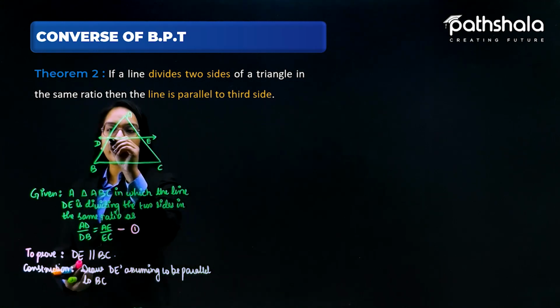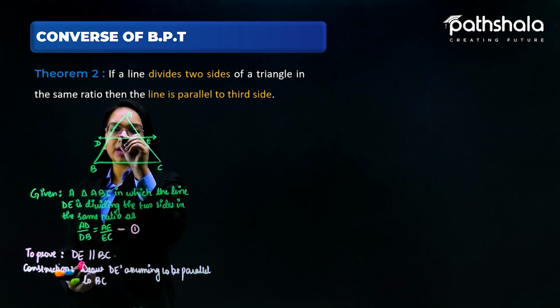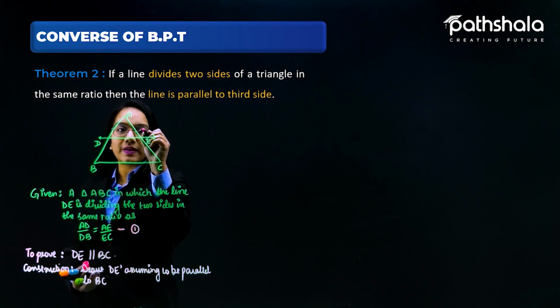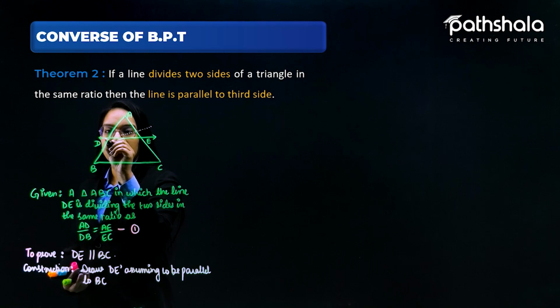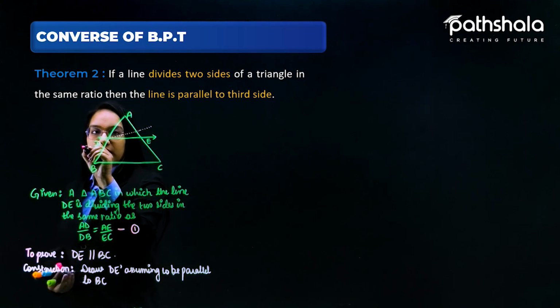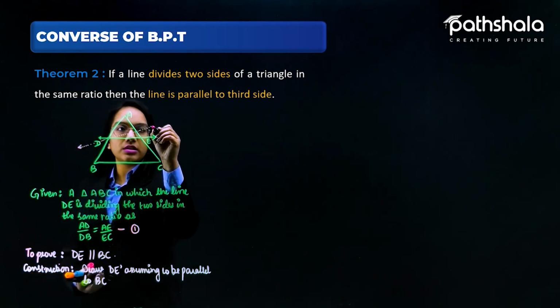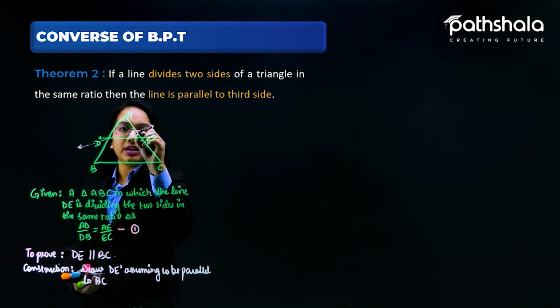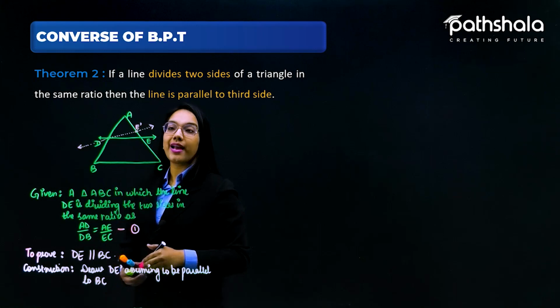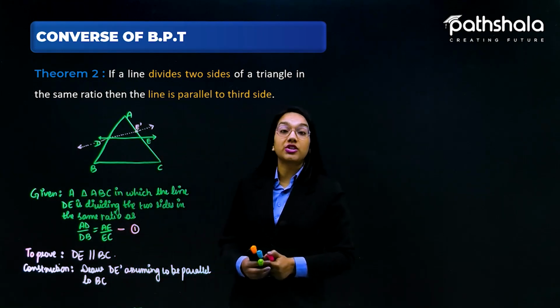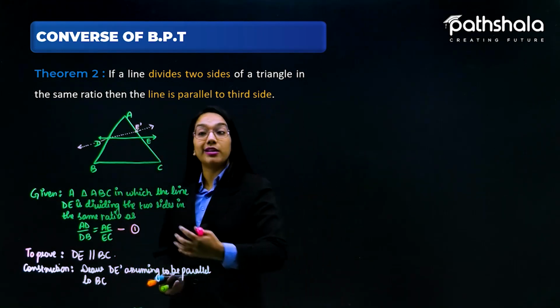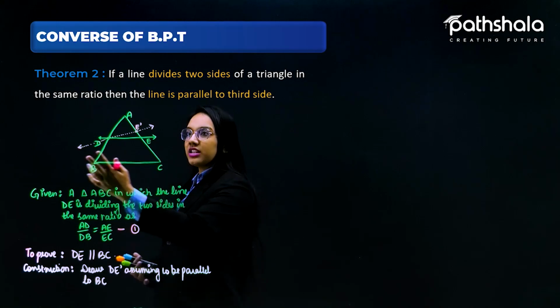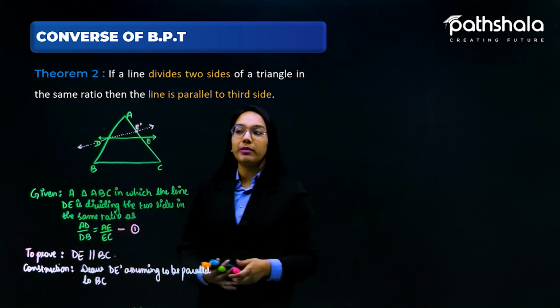Let us suppose this is my DE dash, with E dash here, such that I am assuming it to be parallel to BC.